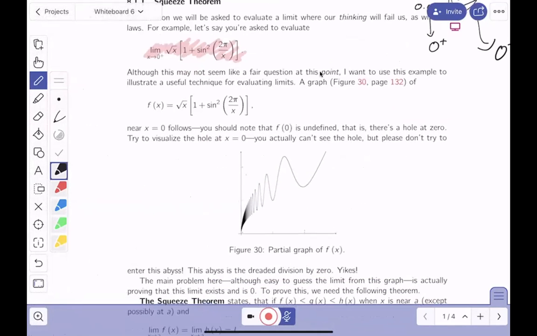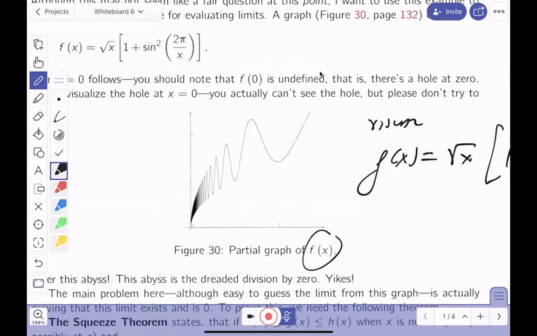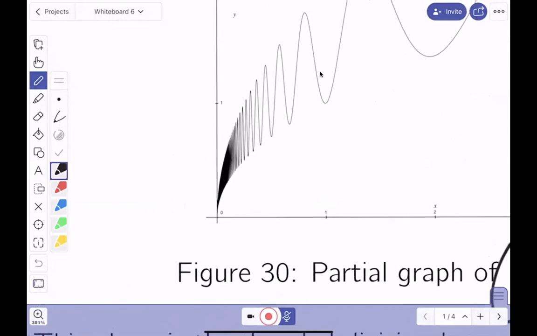The other way to do it is as a visual. So what am I doing? I'm graphing out f of x. What's f of x? Well, it's the function I'm interested in, which is root x times 1 plus sine squared of 2 pi over x. I couldn't do this by hand, and there's a problem with this visual.